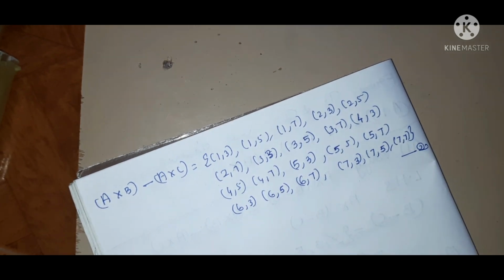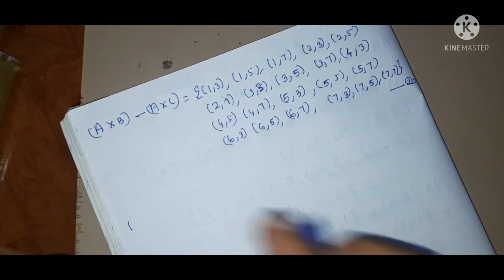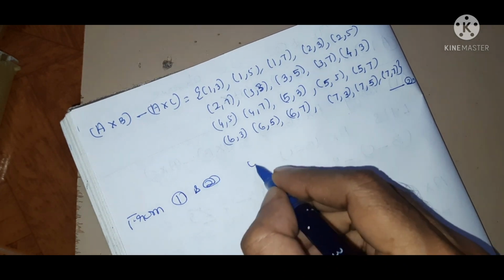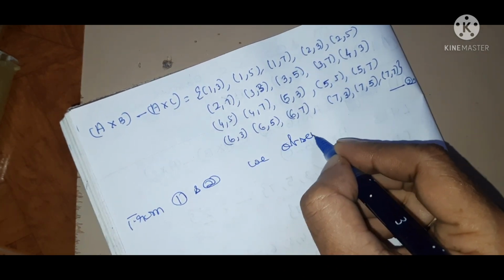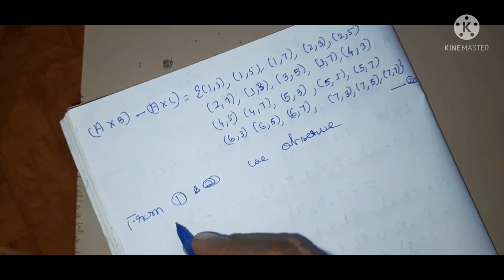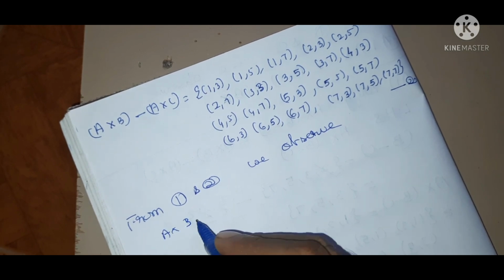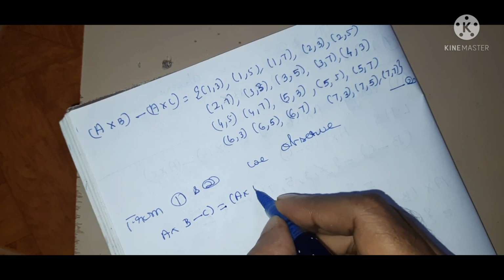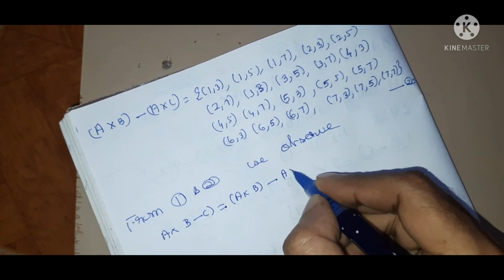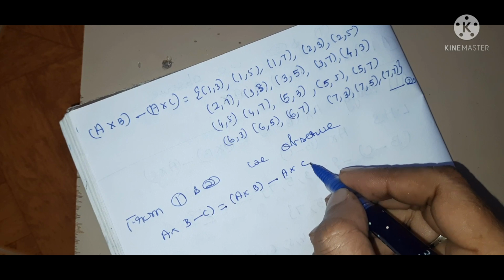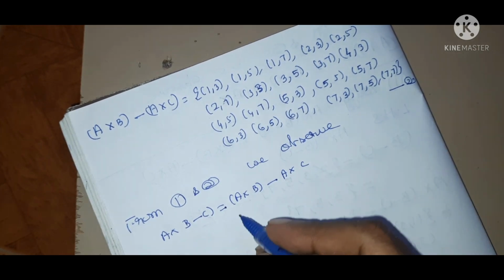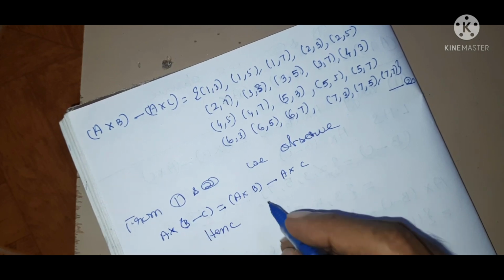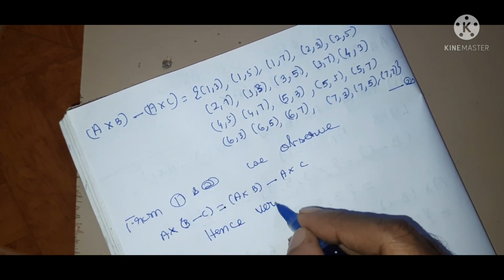Says 2. From 1 and 2, we observe A cross B minus C is equal to A cross B minus A cross C. Hence verified.